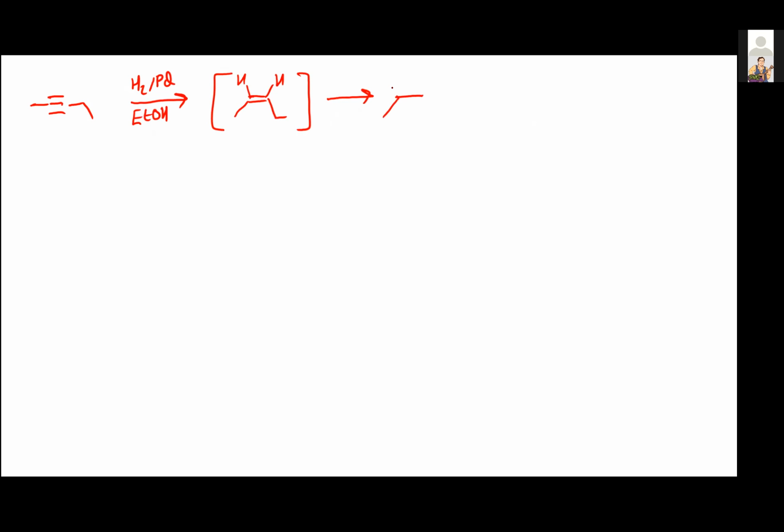So I'm going to sketch in that they're up, the previous two are down, and we have our two carbon chains. And so hydrogen on palladium reacts with triple bonds to take them all the way down to the alkane, just like it takes the alkene to the alkane.